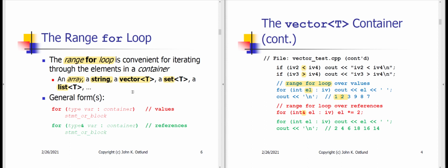Altogether, as I said, there's about 15 C++ standard library template container classes. And as we showed in the last two range for loops on slide 4, we can either loop through copies of values within the containers, or we can loop through references to the values in the containers.